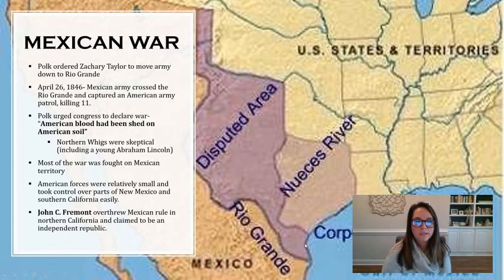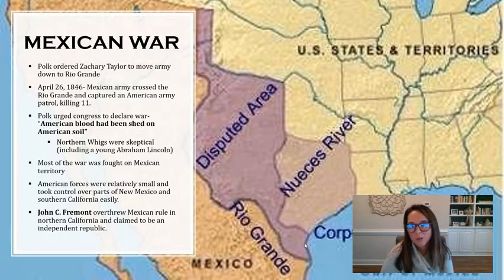When the Mexican army sees this on April 26, 1846, they cross the Rio Grande. They captured an American Army patrol and killed 11 of them. Now, before any of that happened, President Polk had already written a speech to Congress asking for a declaration of war.